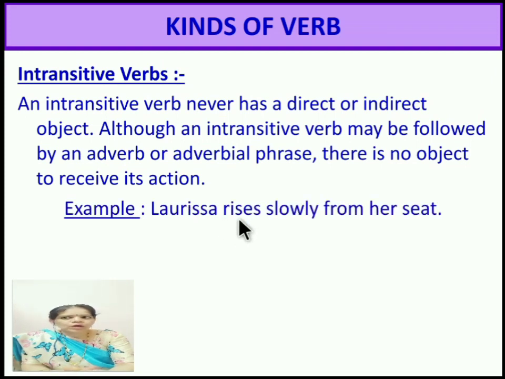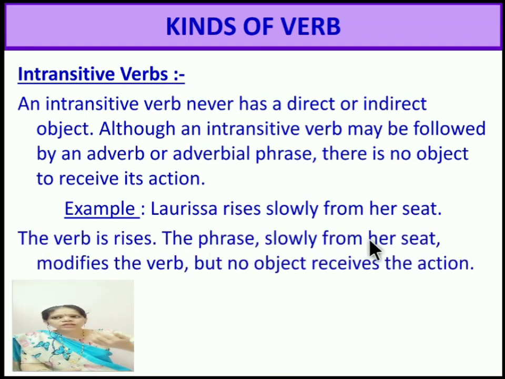For example, Larissa rises slowly from her seat. Larissa herself is the subject. She rises slowly from the seat. So it's not required, from the seat. So now, Larissa rises slowly. Then the verb is rises. The phrase is slowly from her seat. It modifies the verb, it just provides you more information about the verb.